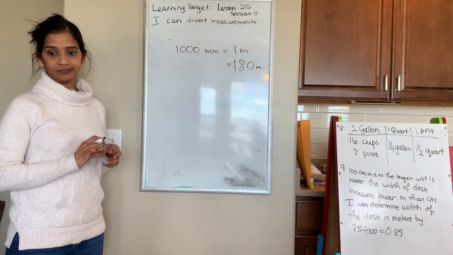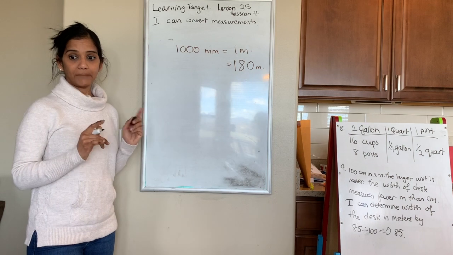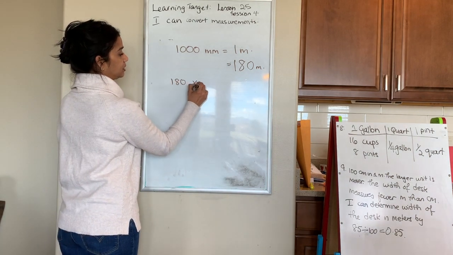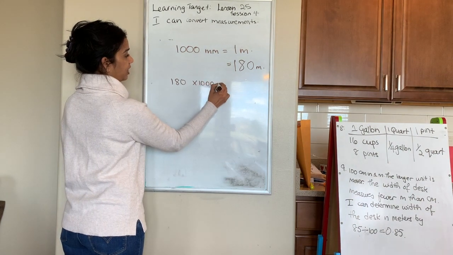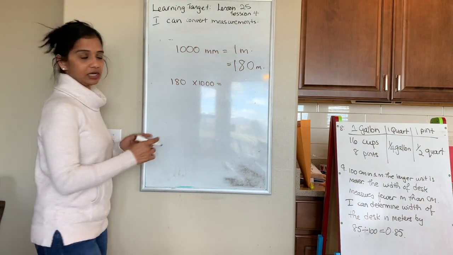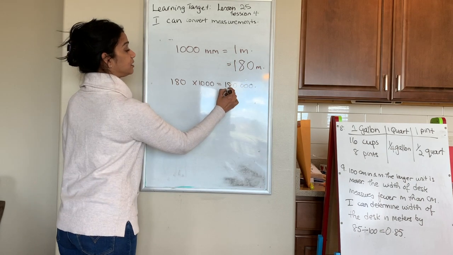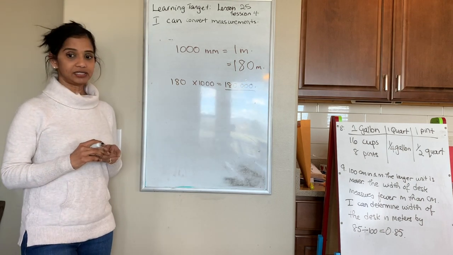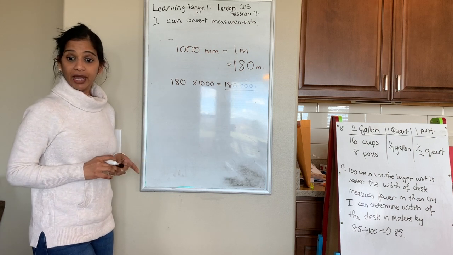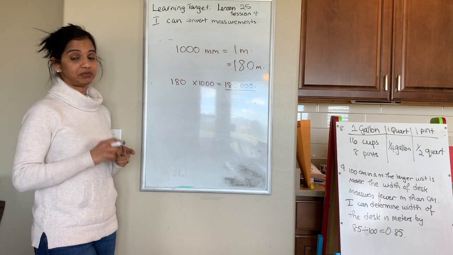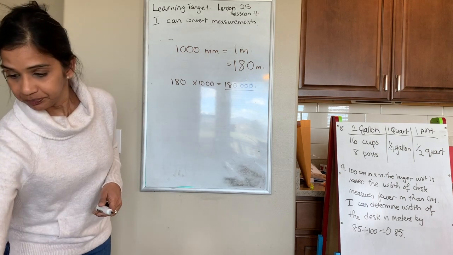What do you think we do? We multiply. Yep. So it's 180 times 1,000. 180,000 is our answer. And I know that sounds like a lot, but that is the truth. Now Emily chose A as the answer. What did she do? She divided instead of multiplied. So that was her mistake.